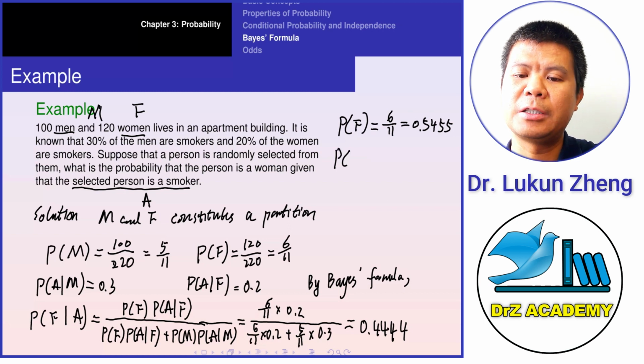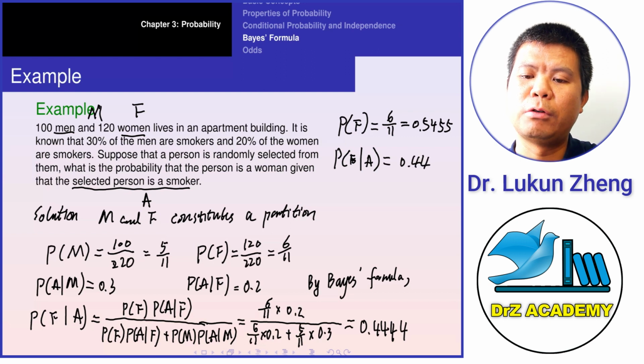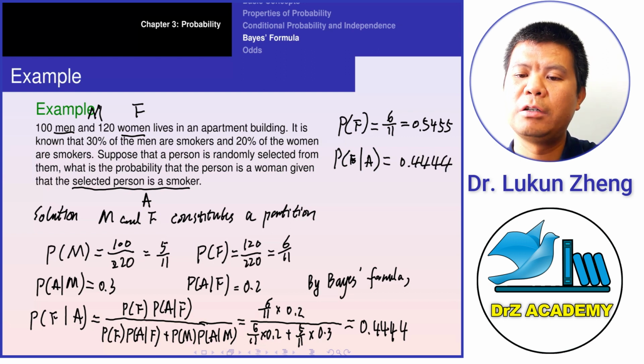After I know that it's a smoker, the probability of female given smoker is 0.4444.